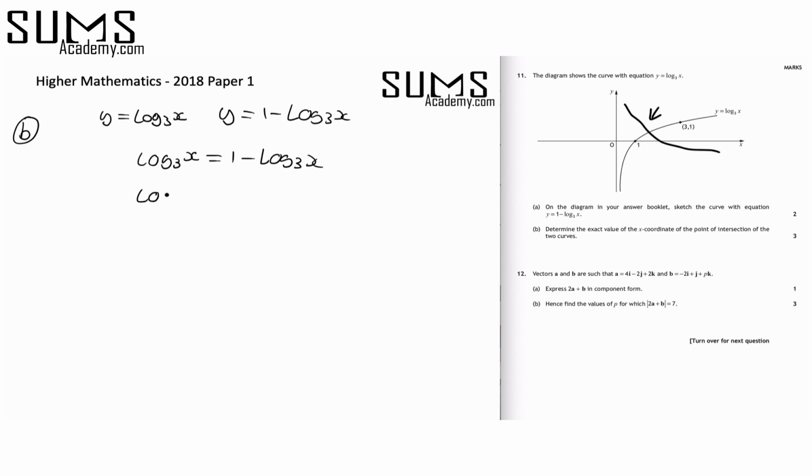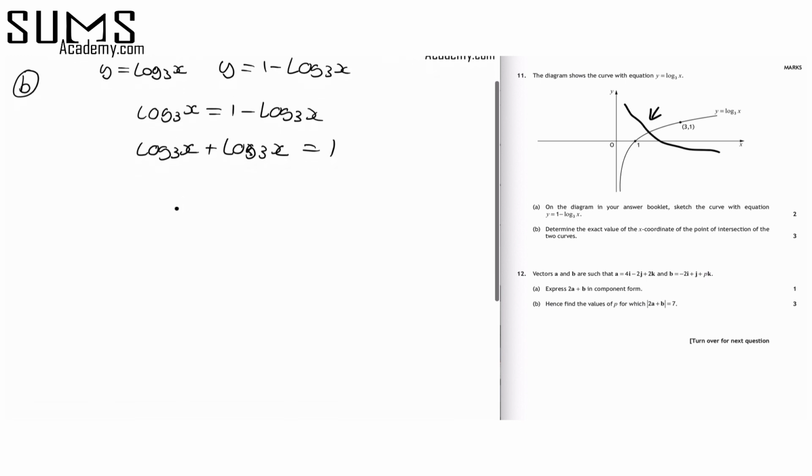So log 3x plus log 3x equals 1. So log rules, when you get two logs added together, it's the same as the x value being doubled or multiplied together. So this becomes log 3 x squared equals 1, right?